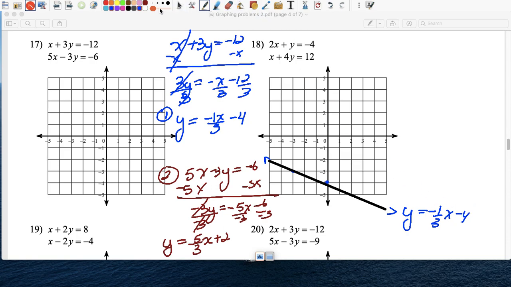My second line is this guy. Y equals 5 over 3x plus 2. Again, negative slope. Y-intercept is 2 right here. But it's 5 up and down and 3 left and right. So again, this is a negative slope. So let me count down. 1, 2, 3, 4, 1, 2, 3, 4, 5, and then 3 to the right. 1, 2, 3.